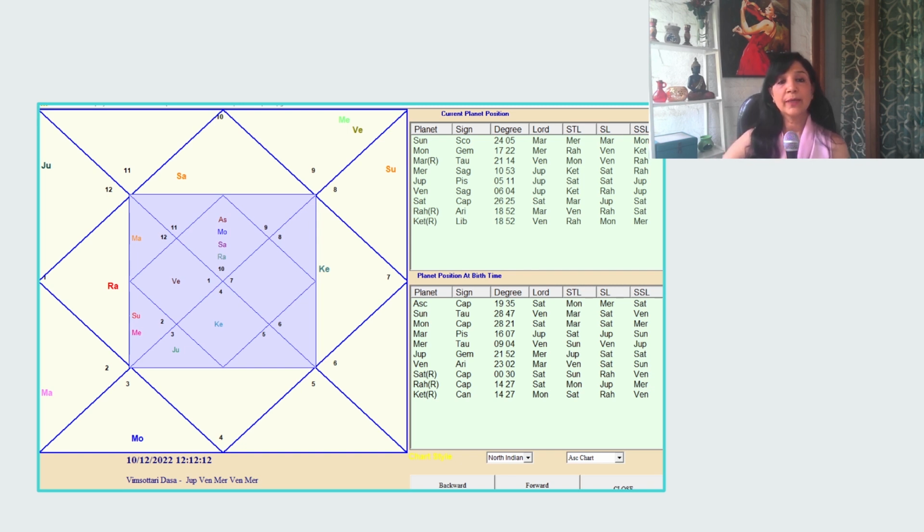Now one thing you should keep in mind: in this case we are discussing the timing of marriage, not the quality of marriage. These combinations will determine the quality of marriage. Whether it will be good, or they will stay away, or they will have arguments. So here we see Saturn is sublord. 1 and 12 is seen.